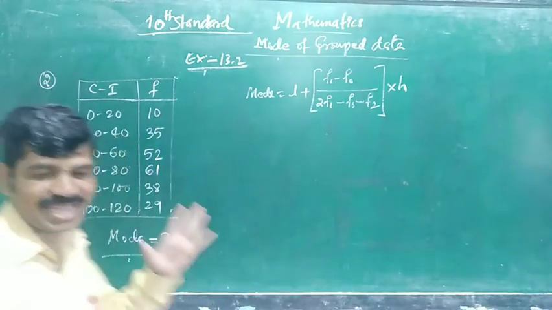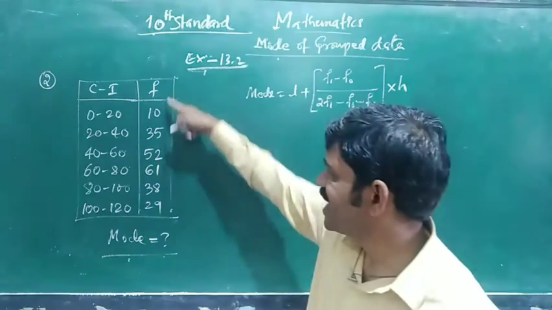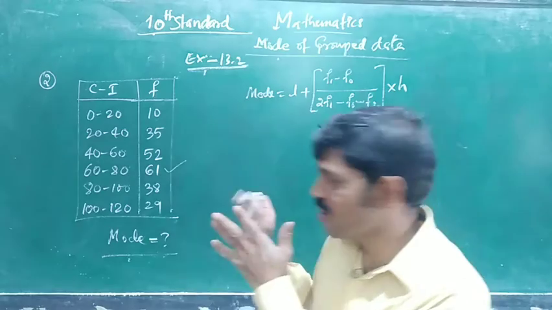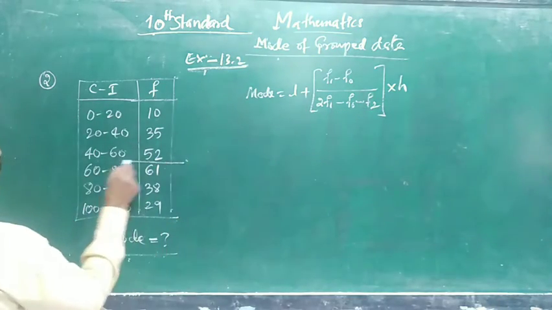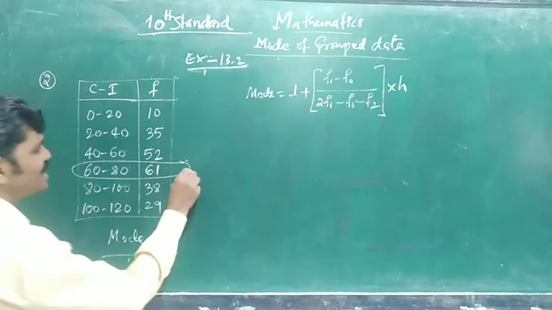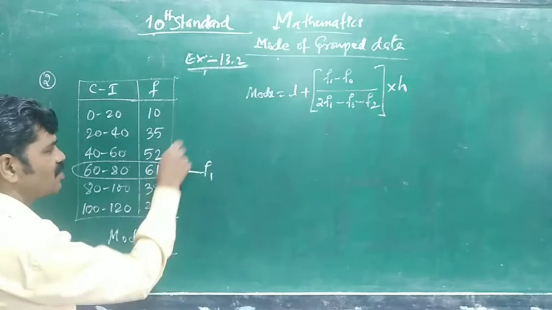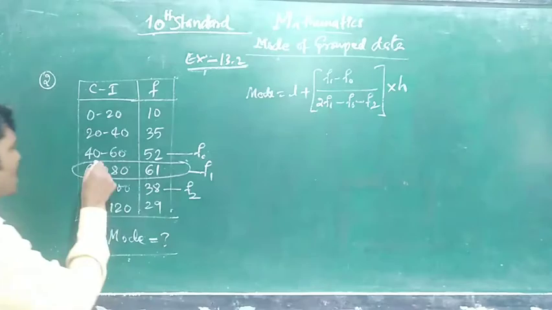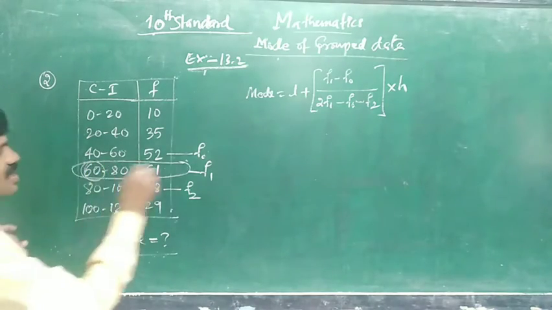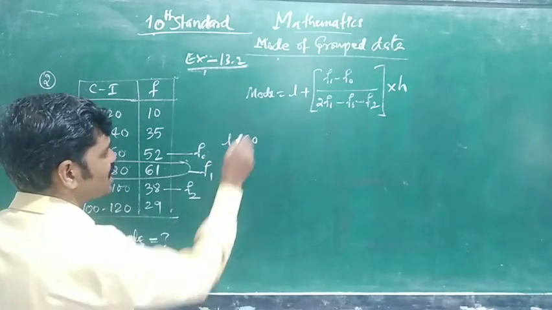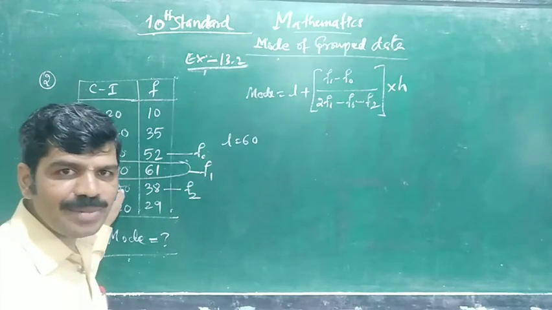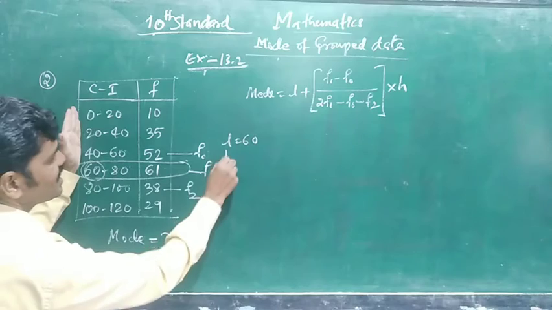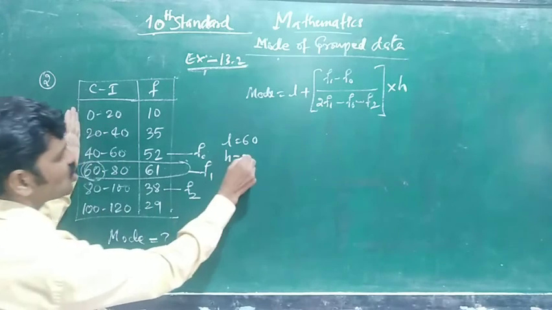See, in this data, the highest frequency is 61, and this is the modal class, and this itself is F1, the previous one is F0, the next one is F2, and 60 is the modal class lower limit. L is equal to 60. The size, that is H, is 20.